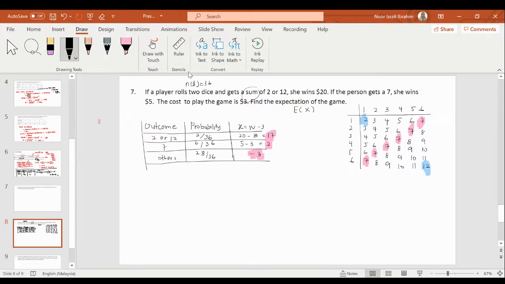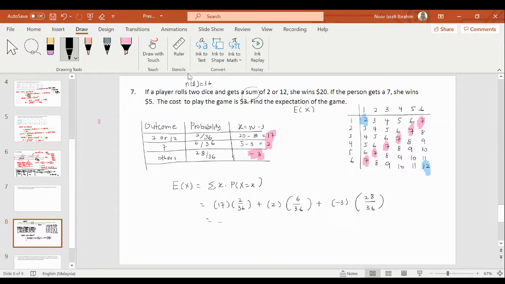And to find the expected value of x, it will be the summation of x multiplied by the probability when X equals x, which is 17 multiplied by 2 over 36 plus 2 multiplied by 6 over 36 plus -3 multiplied by 28 over 36.